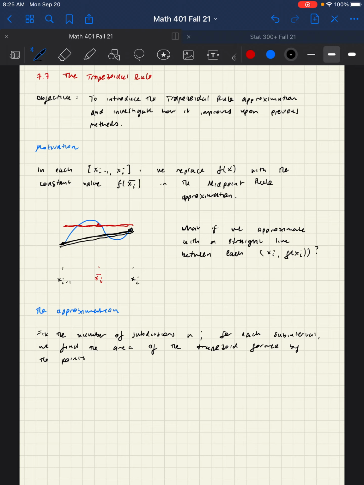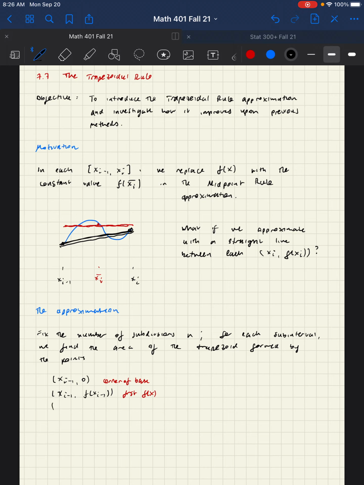Formed by the points x sub i minus 1, 0, so along the x-axis, then x sub i minus 1 comma f of x sub i minus 1, so the function value at the first point. So this is the corner of the base.